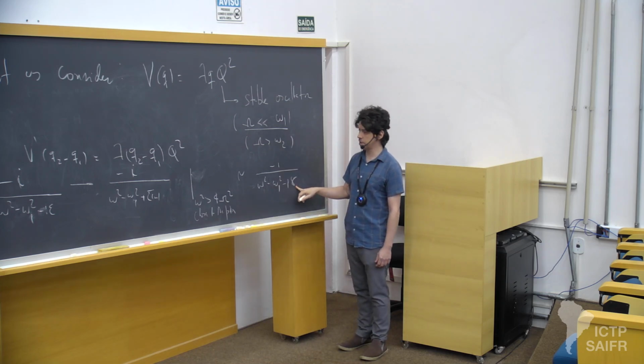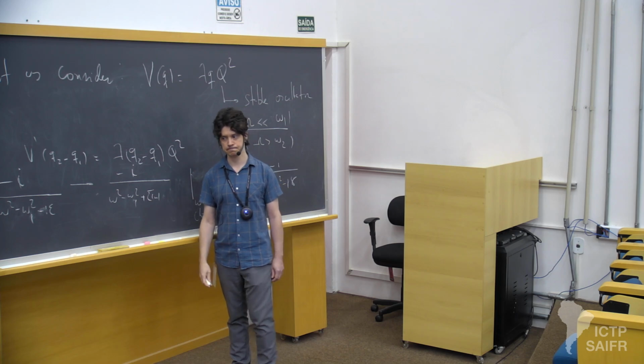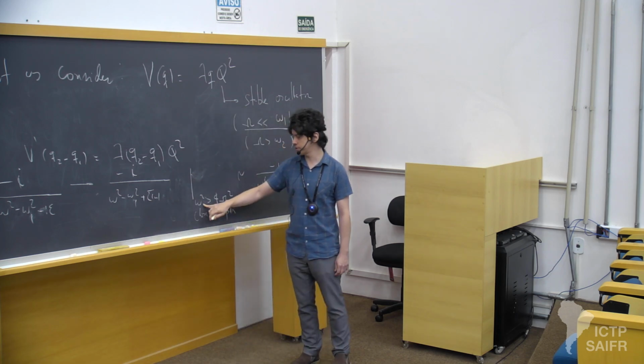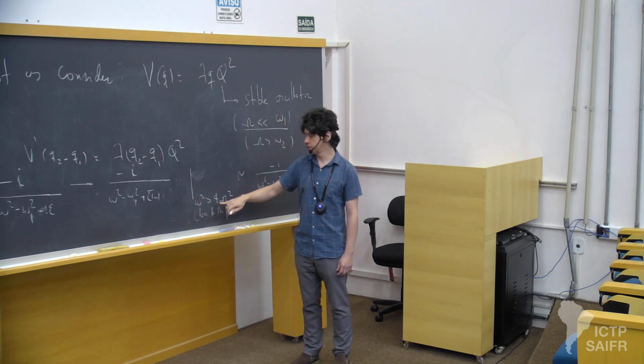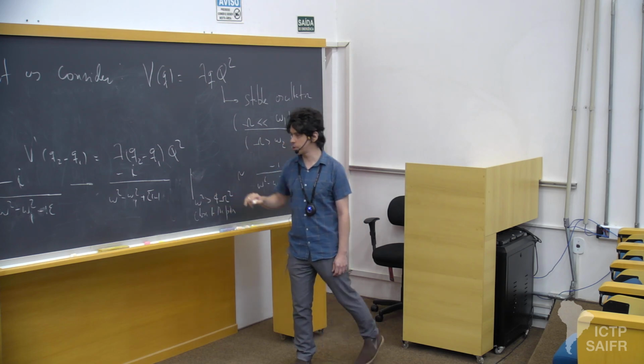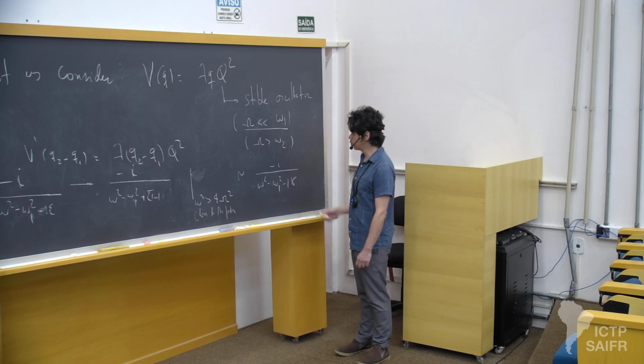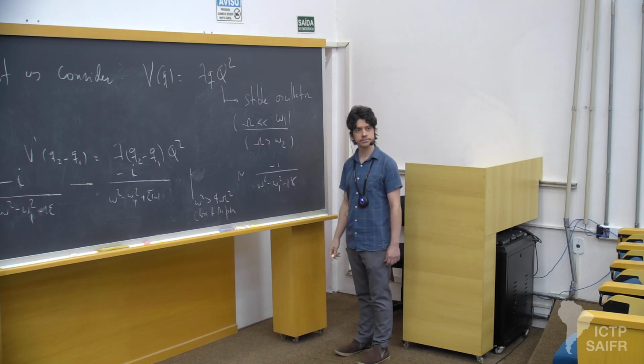This guy here is the imaginary part of the self-energy contribution. So every time that the frequency is greater than this value, once you go close to the pole, the propagator associated with the oscillator 1 will behave just like this.